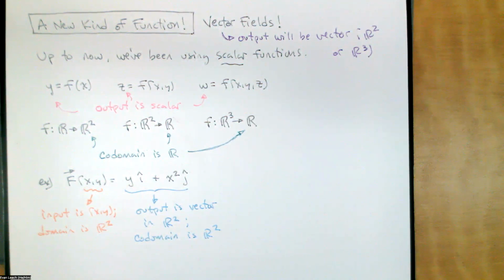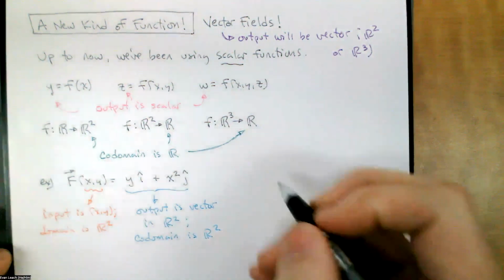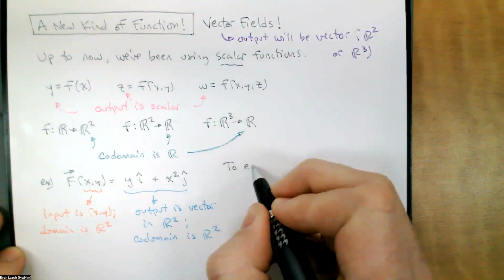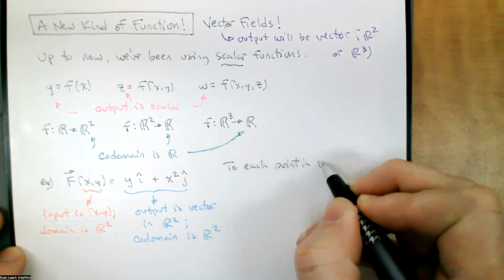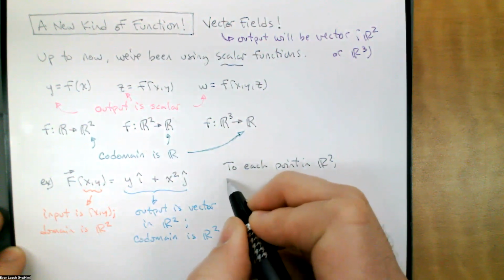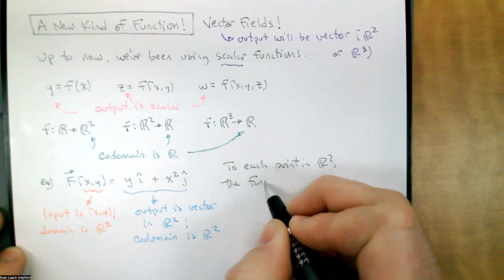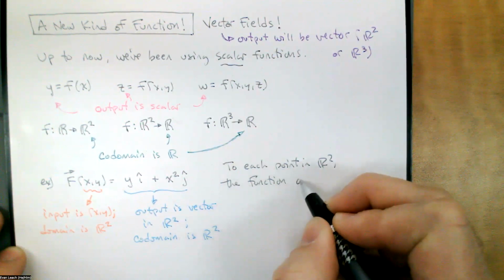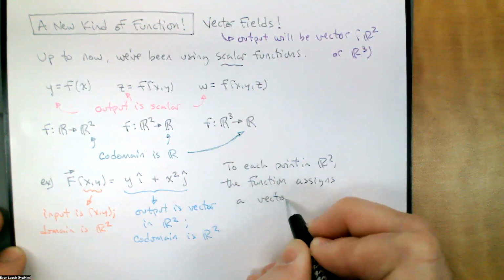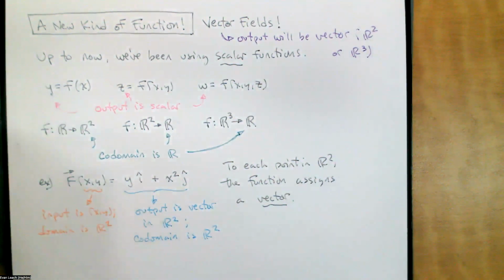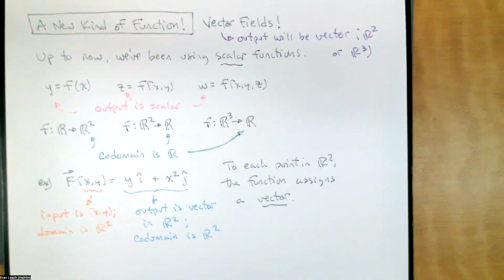To each point in R2, we are assigning a vector instead of a scalar.